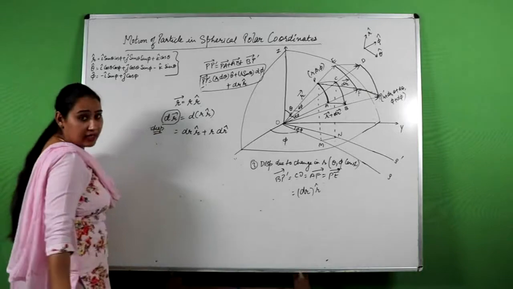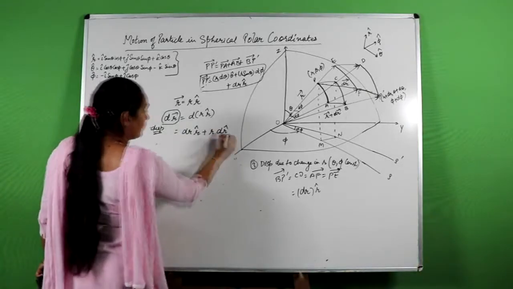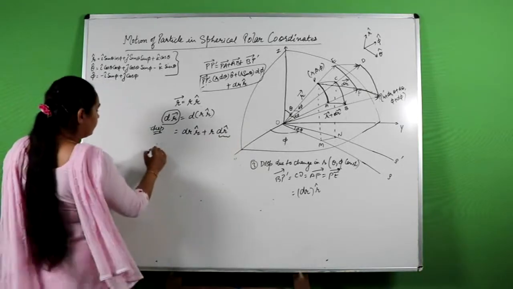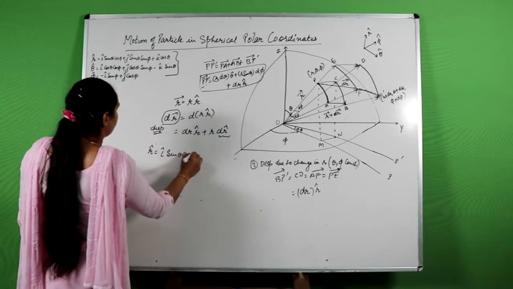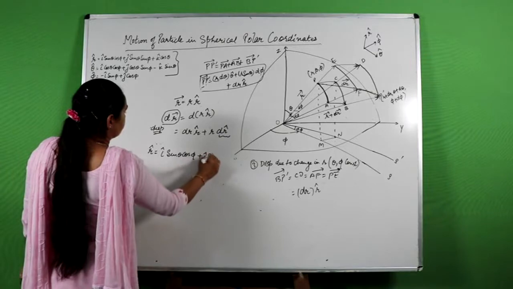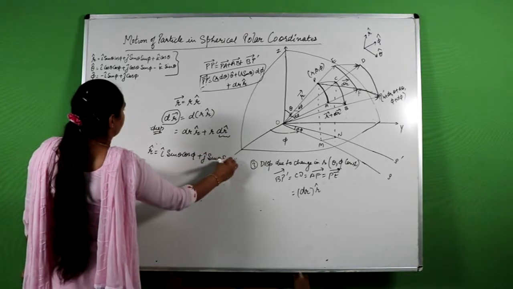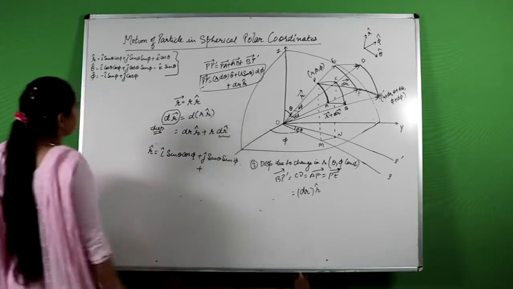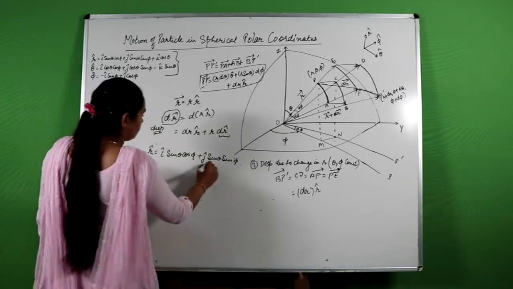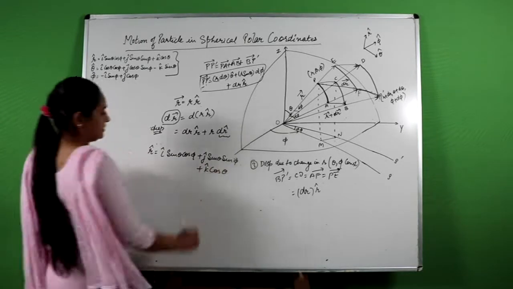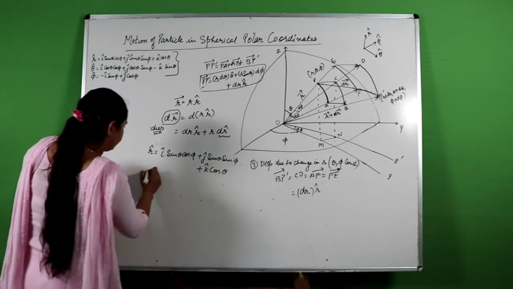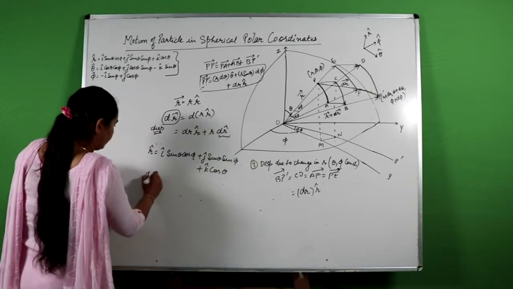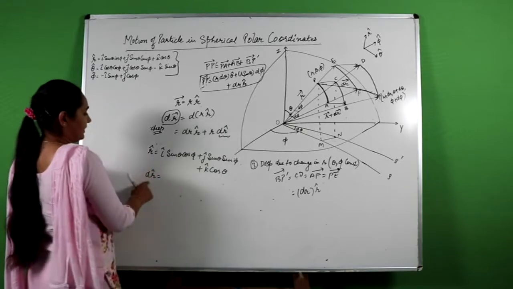I don't have the value of dr cap, but I have the value of r cap, that is I cap sin theta cos phi plus j cap sin theta sin phi plus k cap cos theta. I can directly calculate the value by differentiating both sides. If I differentiate this side, I will get dr cap.